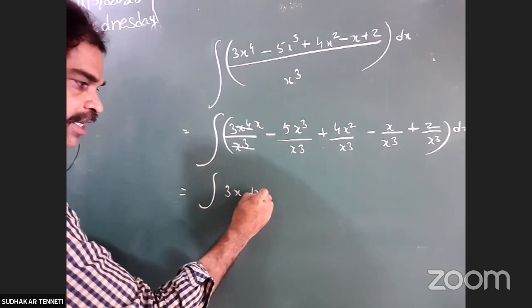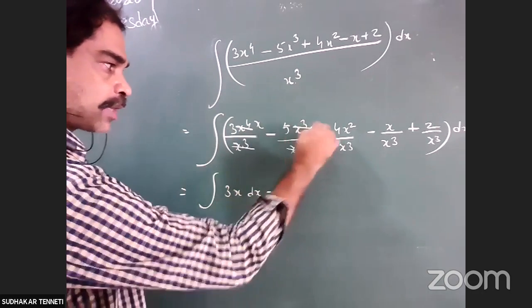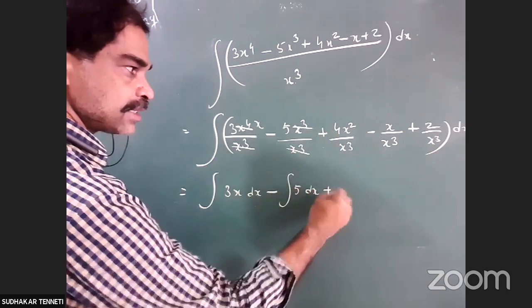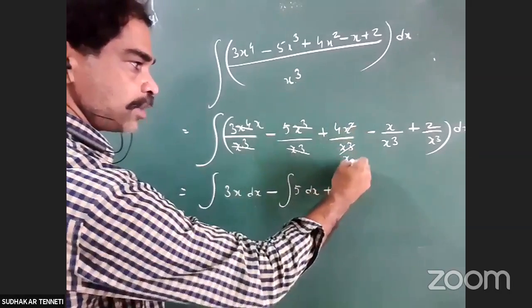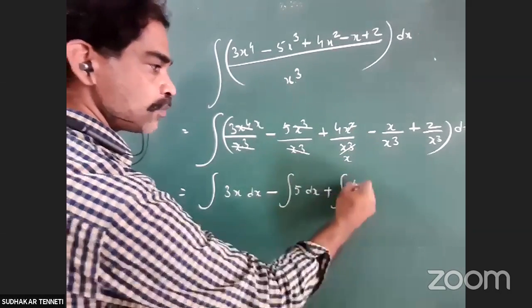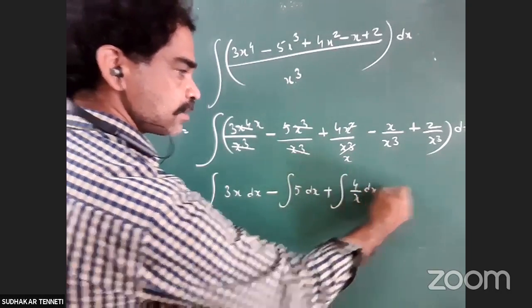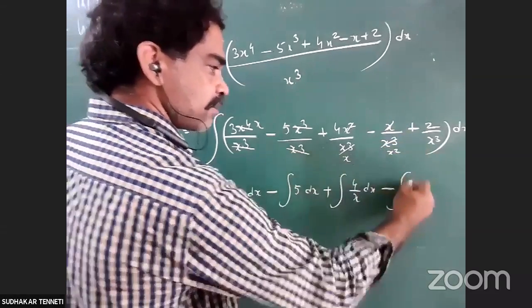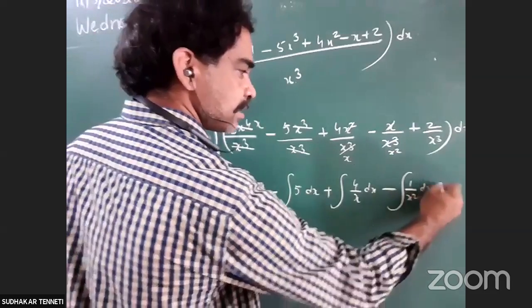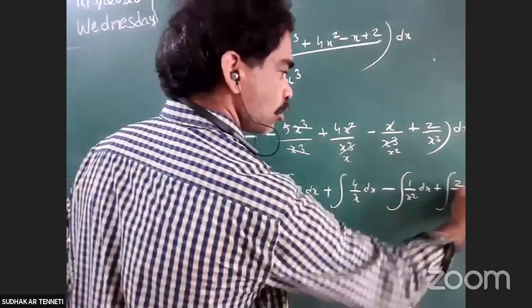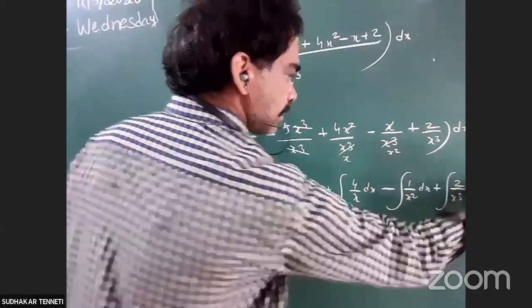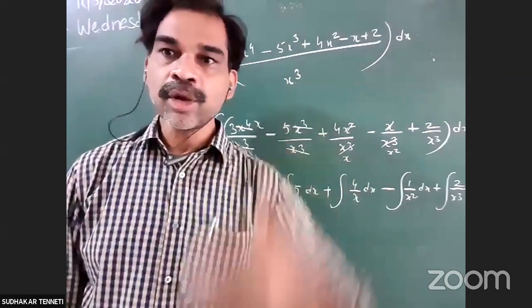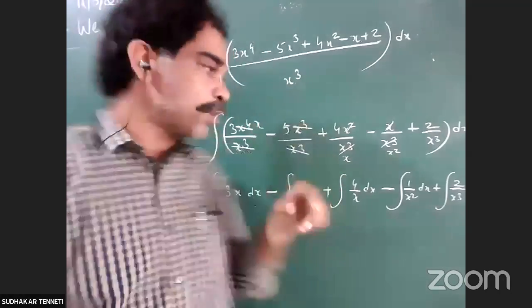Integral of 3x dx minus, x cube cancel, minus integral of 5 dx plus, cancel x square with x cube, how many times? x times. Integral of 4 by x dx minus integral of, x with x square cancel, 1 by x square dx plus integral of 2 by x cube dx. Understood? First, we have to split the denominator. Splitting of denominator is most important.